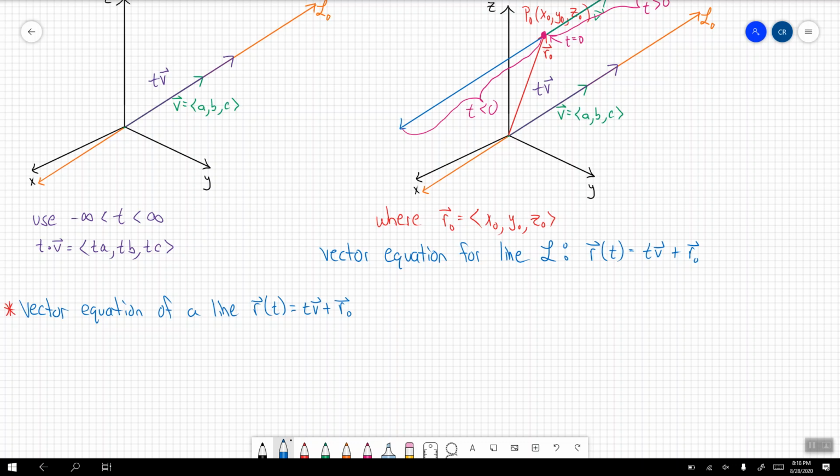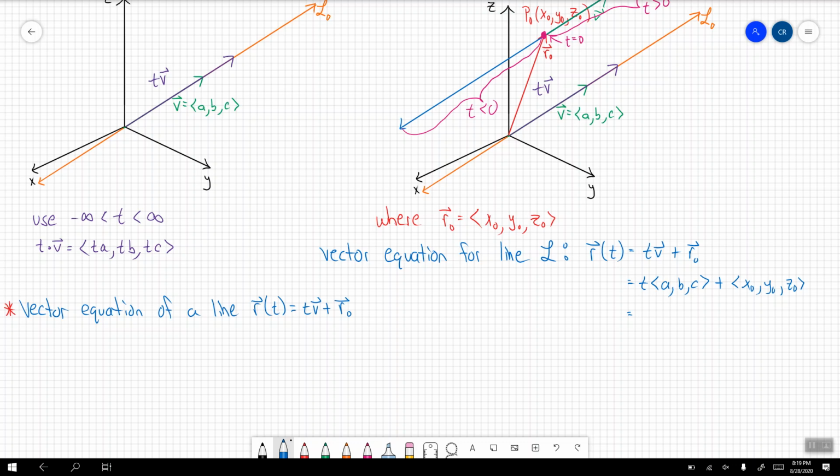Now I'm going to keep working on the right hand side of my screen, where I can just keep on extracting what I have. So I have vector t times v, so that's going to be t times a vector v, which is vector a, b, c, plus vector r naught, where vector r naught we said is just x naught, y naught, and z naught in component form.